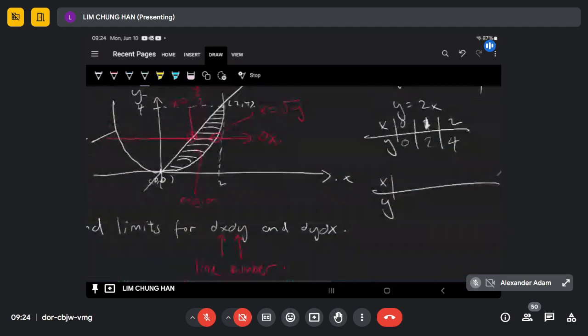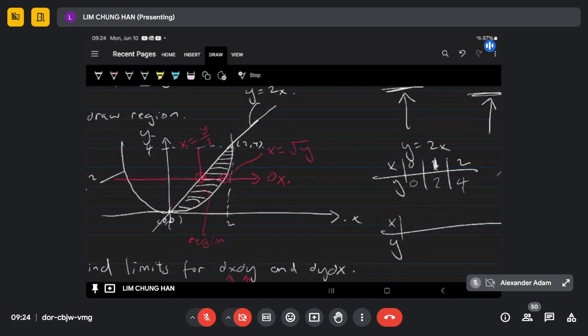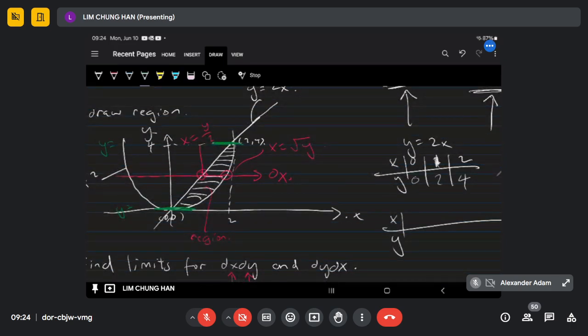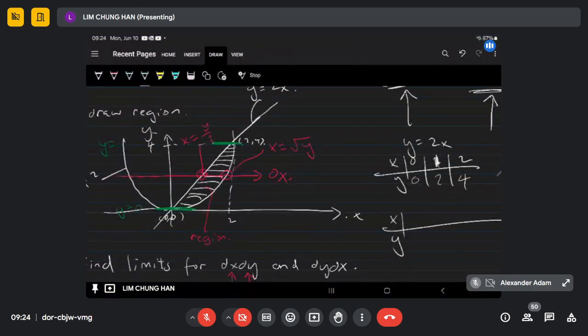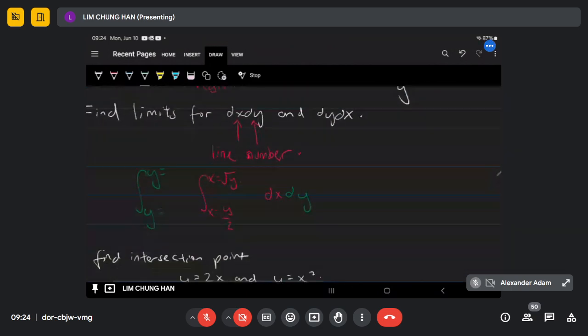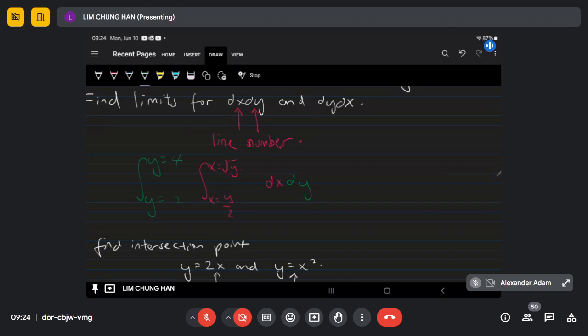What is the biggest y? Sorry, I did it on the x-axis just now, which is wrong. It's supposed to be y. What is the smallest y-axis value? What is the biggest y-axis value? Smallest y is 0, right? Yes. 0, 4. Those are your limits. Then you just start integrating. Then finish.